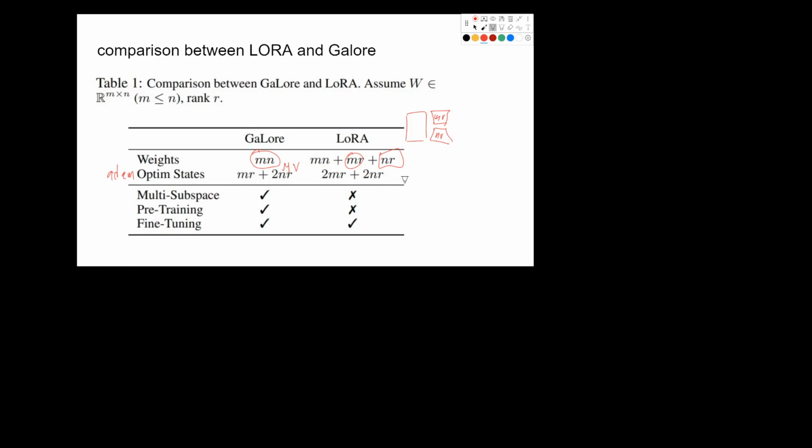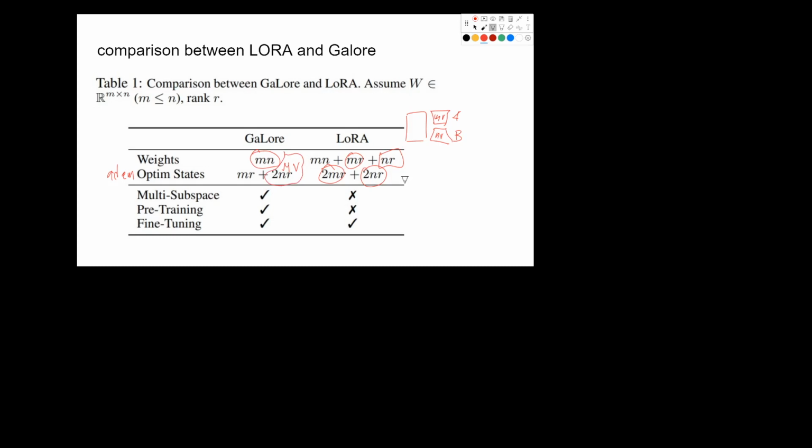For LoRA, we need two N×R and two N×R for the A and B matrices, so two N×R and two N×R here. So you can see that LoRA will use more memory than GaLore. For GaLore, it's very simple. We only need the memory to store the M and V in the lower rank.